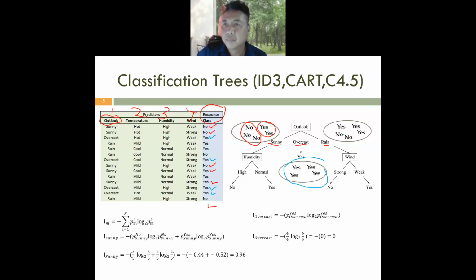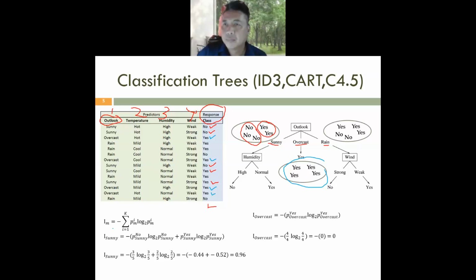If we look at the rain, we take the remaining, so we get 3 yes and 2 no. For each of these partitions, we can compute the purity of that particular group. If we use the outlook attribute to split our data, this is how we compute them.